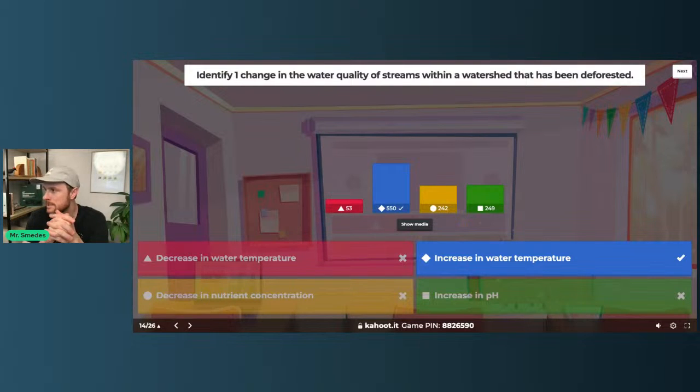If anything, there might be a decrease if we have more leaching of heavy metals. Actually, I don't know if that would really even affect it. You're typically not going to have a huge pH change. That's not going to be one of the major effects you're looking for with deforestation, but an increase in water temperature for sure, because of less shade and increased soil temperatures.